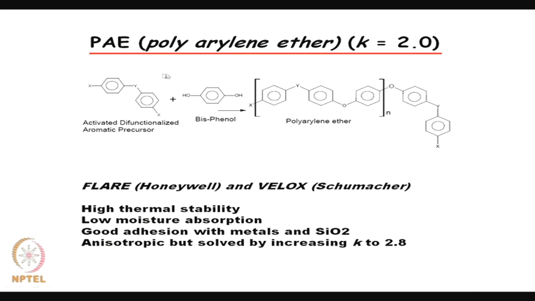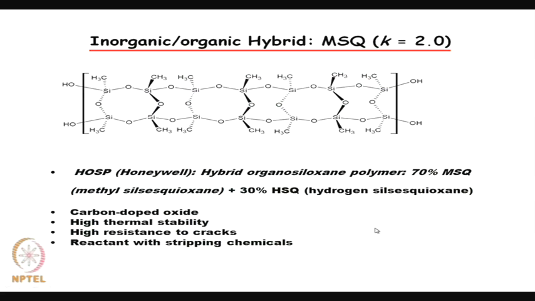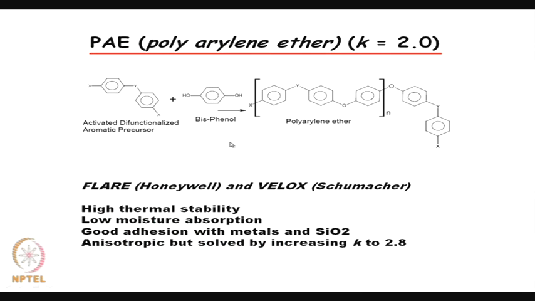Then another material can be PAE, polyarylene ether. You can see that here we have PAE or polyarylene ethers. Depending on its chemical structure, it can have a value of 2.6 or even less. In this particular case, known as the Flare, available from Honeywell, or the Velox from Sumasar, these two material brand names are the proprietary items of Honeywell and Sumasar, and it has the dielectric constant 2.